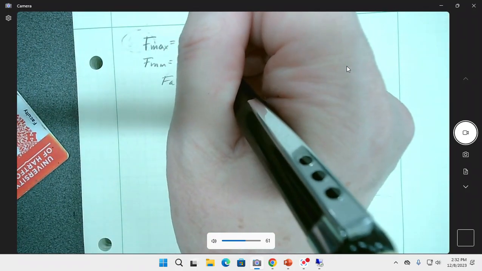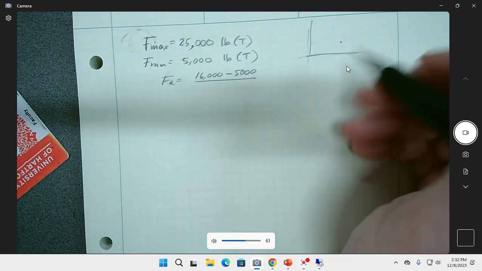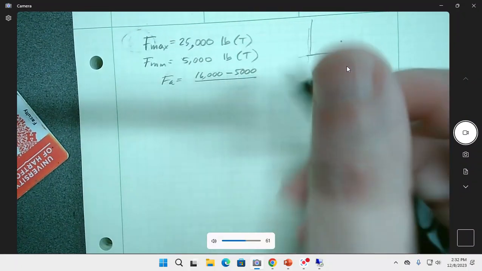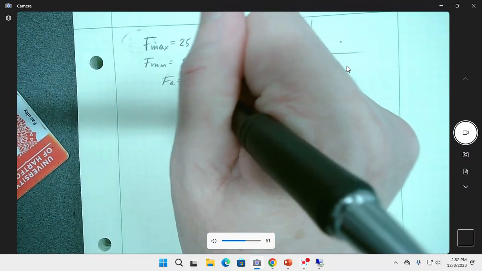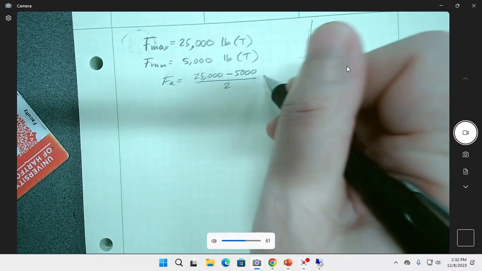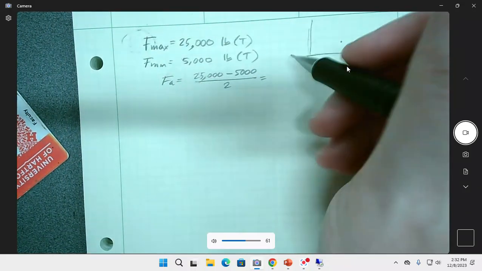Let's make this 25,000. It's probably going to be way crazy high now, but let's see if we can do it. All right, so I'm going to do 25,000 divided by 2, and so that's going to be 10,000, right?